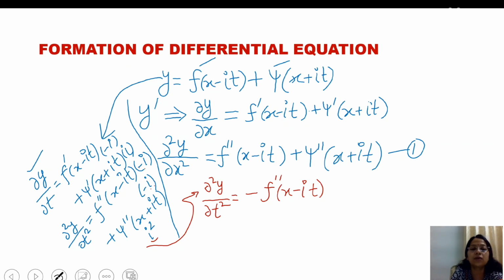Here iota square is also giving me minus 1, so that is why I am getting minus psi double dash (x plus iota t). Give this as equation number 2.